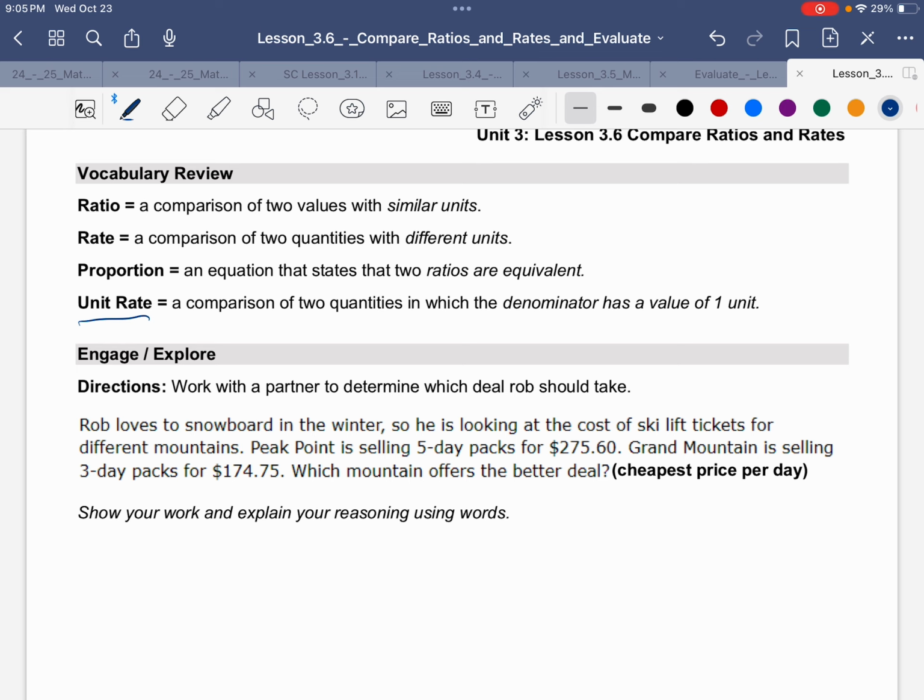And there may be some times, to be honest, where your value of 1 unit may be on the top of the numerator, but the big thing is one of your quantities that you're comparing gets to the value of 1 unit, because then that tells you how much one thing costs, how much you're going in 1 hour, or how much you're producing in 1 minute. So that is what the idea is per unit, per that 1 unit. How much are you producing, that kind of thing. So what's going on at that one is the crucial part. So let's jump right in.